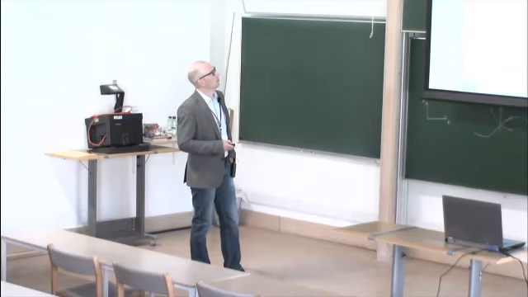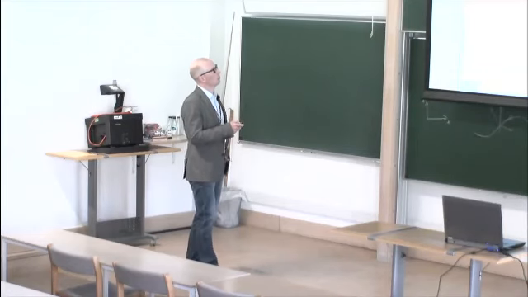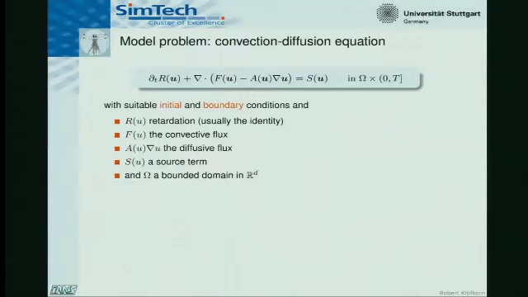Okay, so the model problem I will look at throughout this talk is some sort of convection diffusion equation where R most of the time is the identity, F of u is a convective flux, A of u times gradient u I call a diffusive flux, and S is the source term, and omega is the computational domain, and T is the simulation end time.